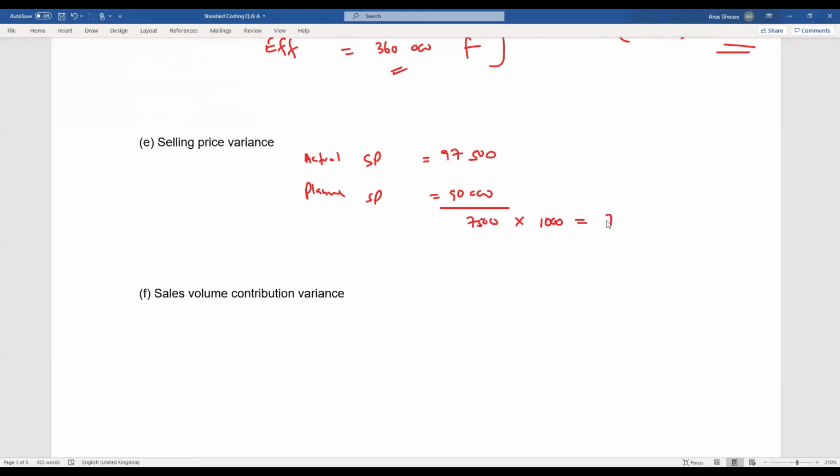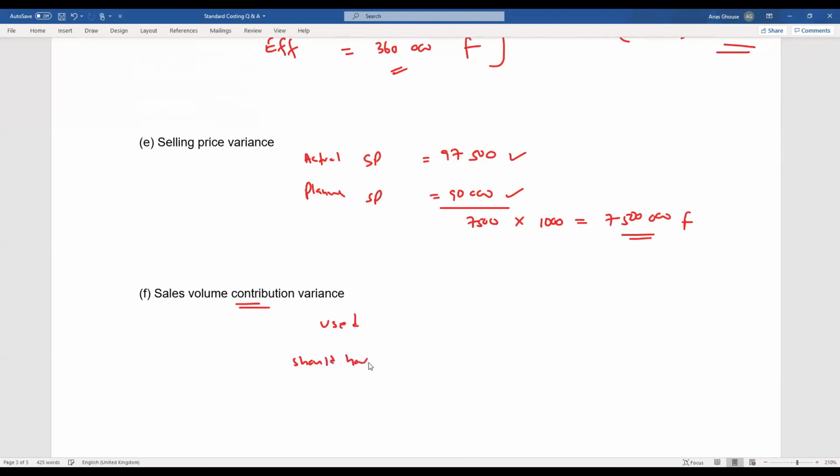So therefore 7,500,000 is our selling price variance. Actually it's a favorable variance because our plan was to sell at 90,000, we sold it at 97,500.